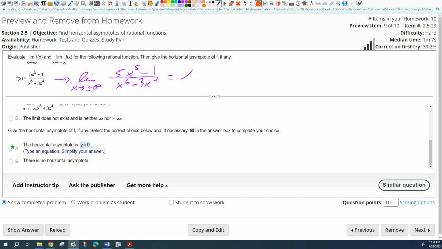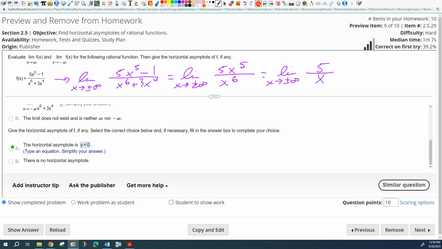So this is equal to the limit of 5x to the 5th over x to the 6th as x approaches plus or minus infinity. And if I divide top and bottom by x to the 5th, don't I just get the limit of 5 over x as x approaches plus or minus infinity?